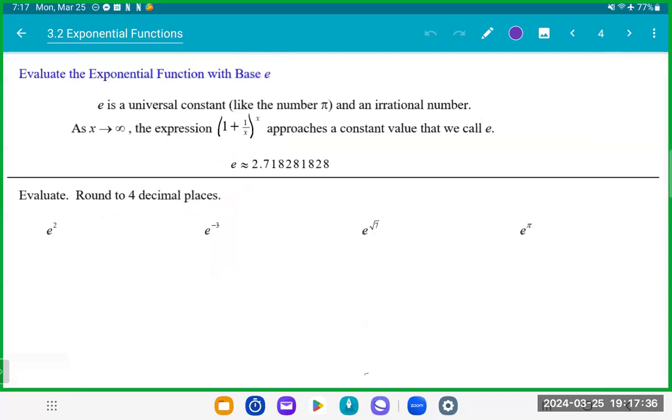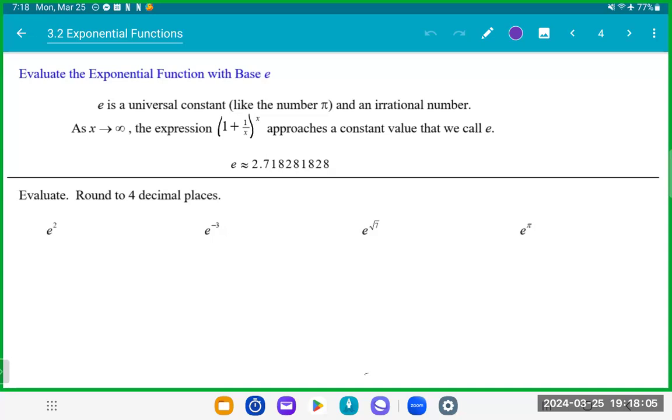Okay, so now let's talk about E, this universal constant. If you guys are familiar, we just recently had Pi Day on the 14th of March. And pi is one of those irrational, never repeating, never ending numbers. And so E is similar to that.